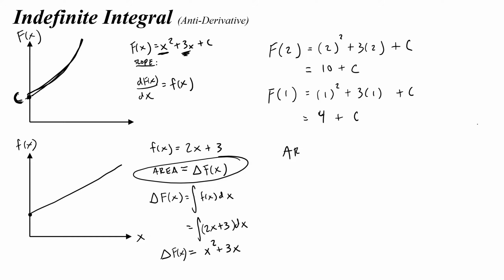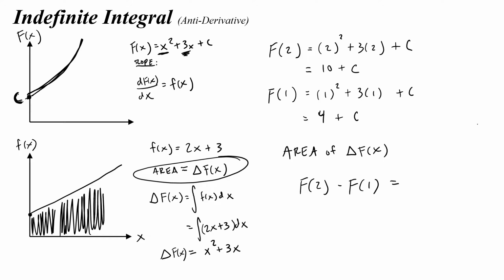So the area of delta F of x, which would be capital F of 2 minus capital F of 1, would be like saying, let's take the area underneath this function up to 2. Then let's take the area up to 1 and subtract it. What we're left with is this area between 1 and 2.